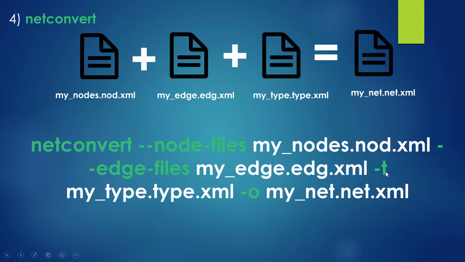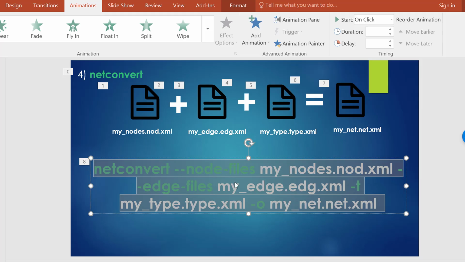This t means type, followed by the name of our type file, then o. O means output. It's going to output mynet.net.xml. Let's copy this code.